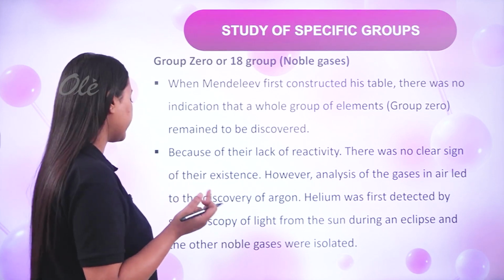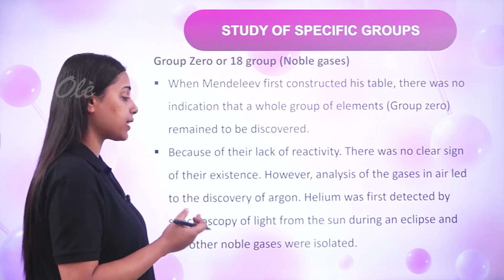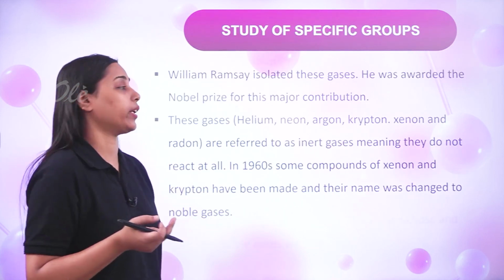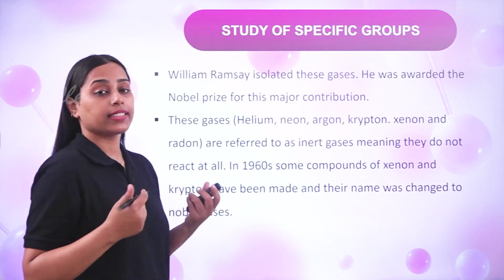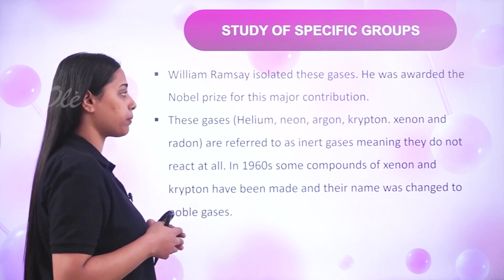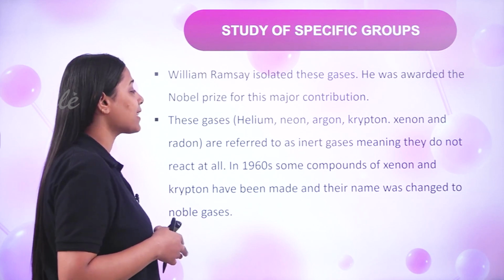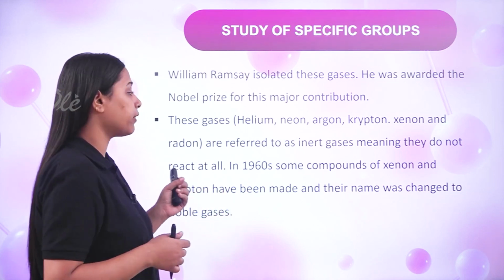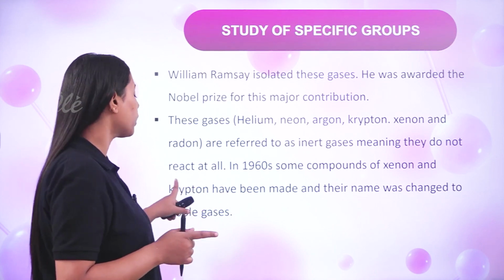Helium was first detected by spectroscopy of light from the sun during an eclipse, and the other noble gases were then isolated. The credit for discovery of these gases goes to William Ramsay. He was awarded the Nobel Prize for this major contribution. These gases, helium, neon, argon, krypton, xenon and radon, were referred to as inert gases, meaning they do not react at all.